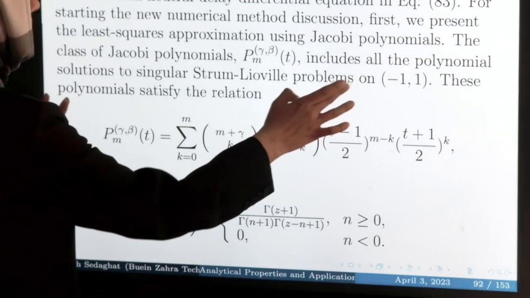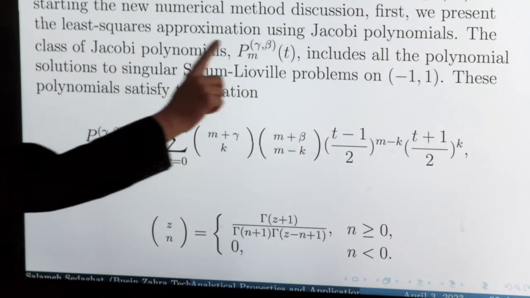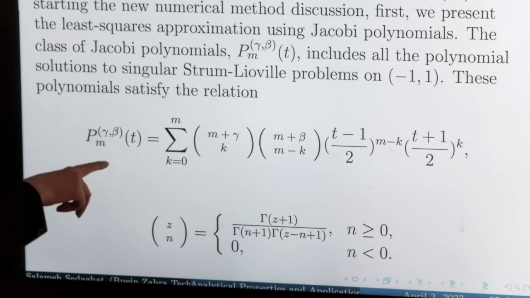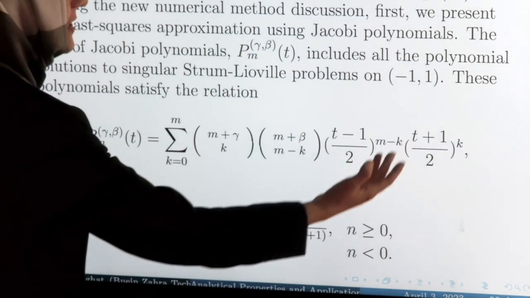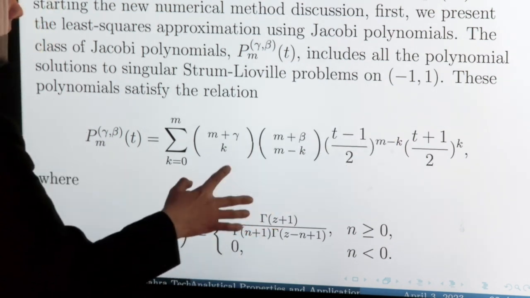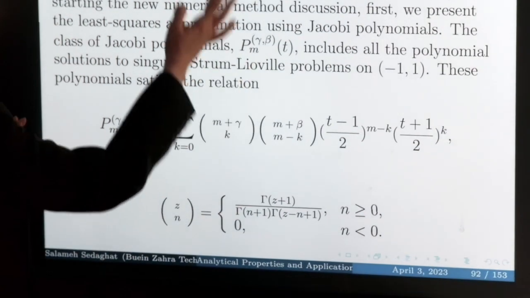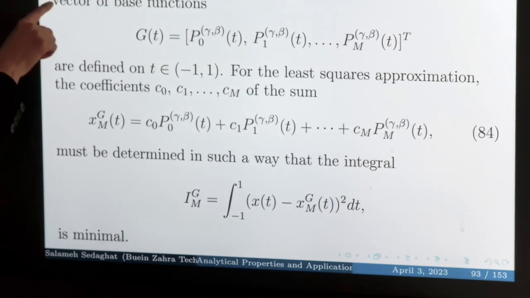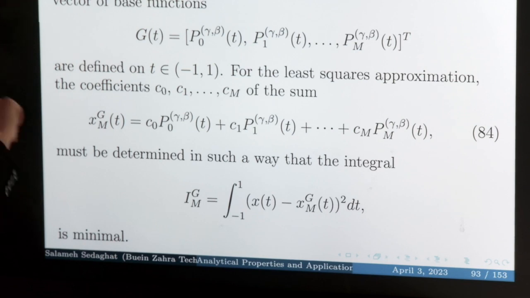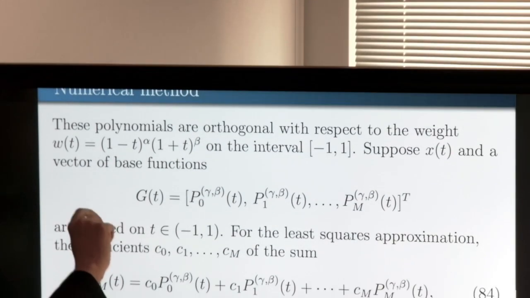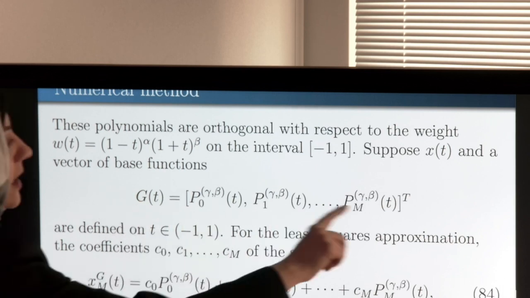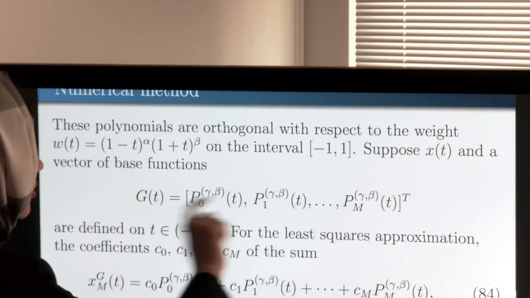In this section, I want to use Jacobi polynomials as a base function. We know that Jacobi polynomials have this series expansion, and they are orthogonal with respect to this weight function. We suppose our base is this equation.